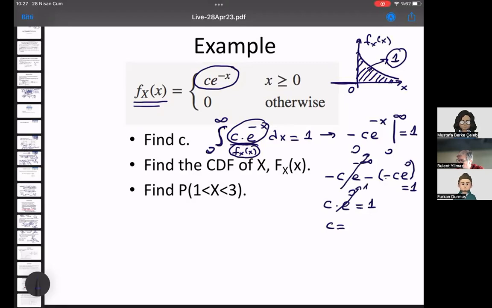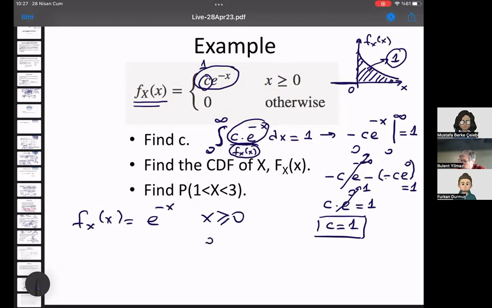This is also equal to 1. So c is equal to 1. That means the PDF is going to be equal to e to the power minus x for x greater than 0. Otherwise, it is 0. So I found my PDF by finding c using the area under the curve concept.